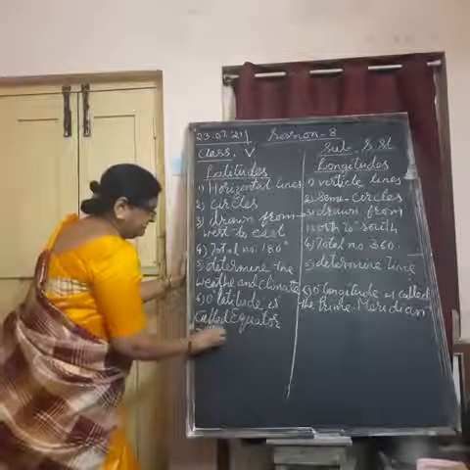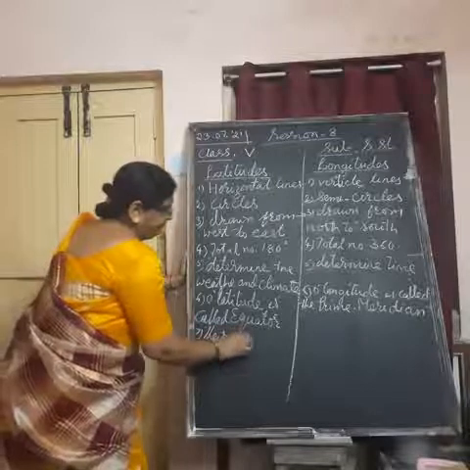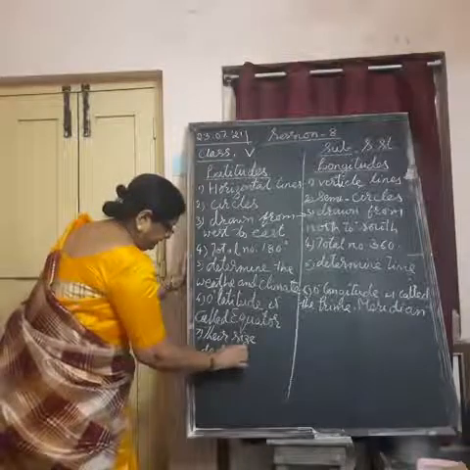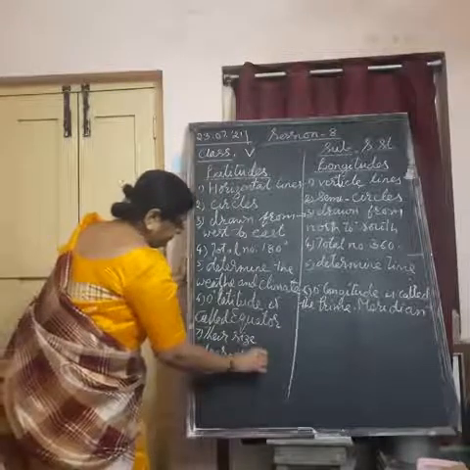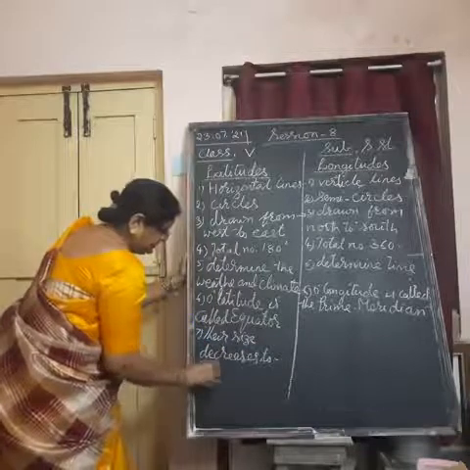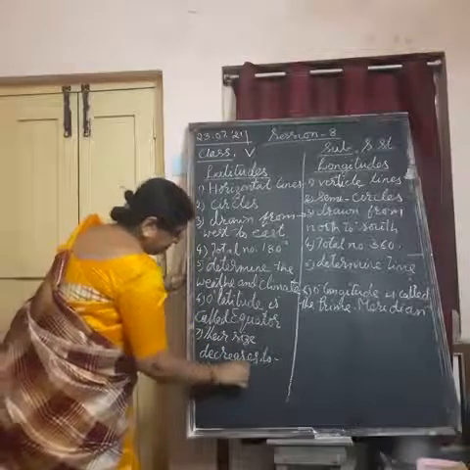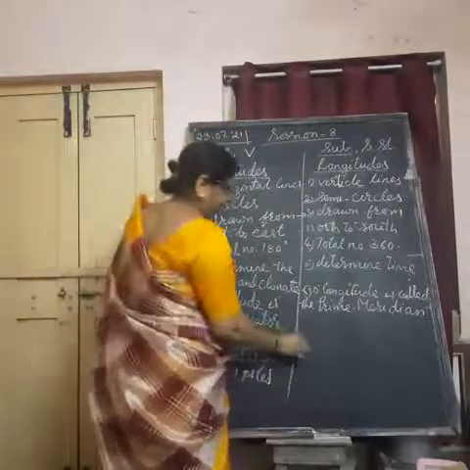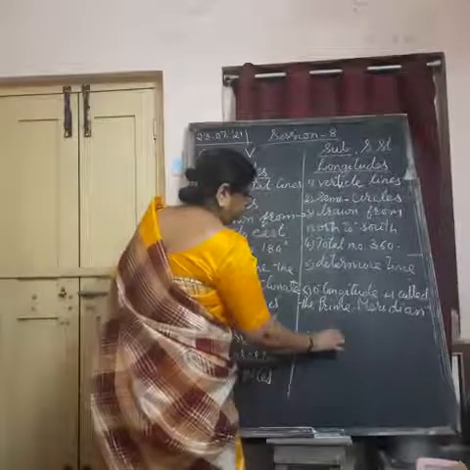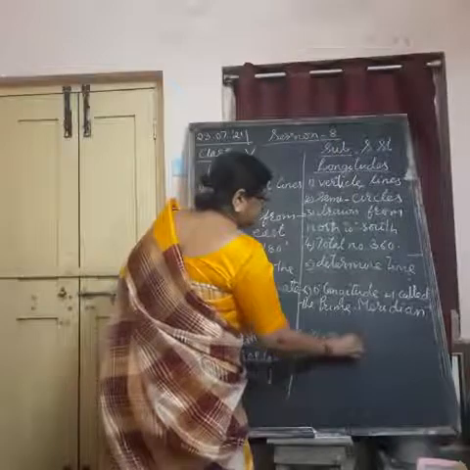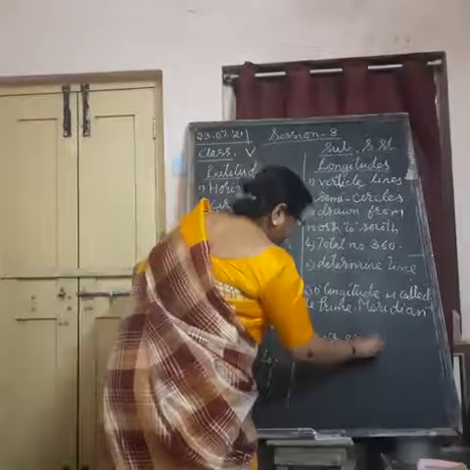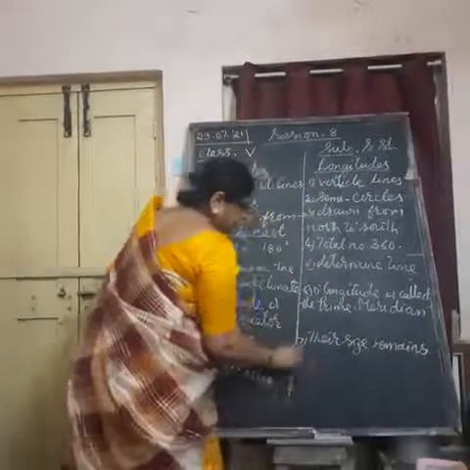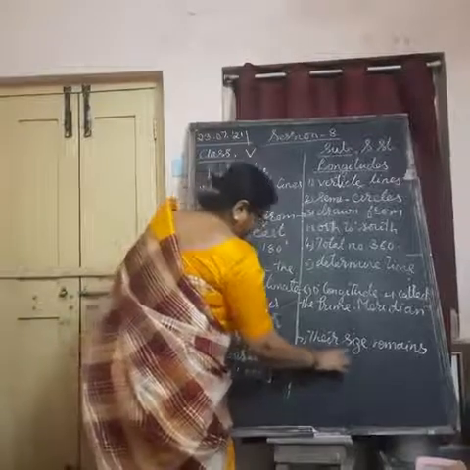The size of latitudes decreases towards the poles, whereas the size of longitudes remains the same everywhere.